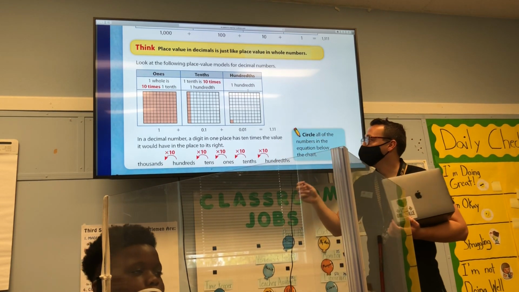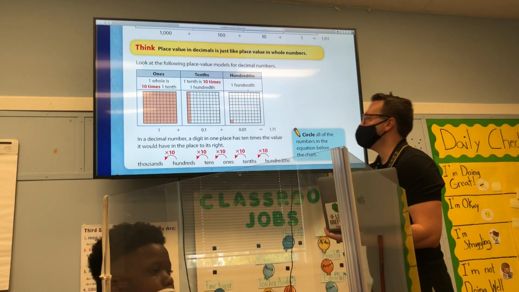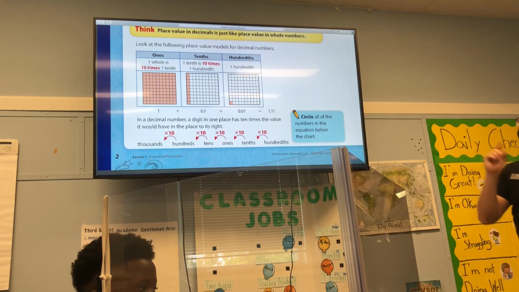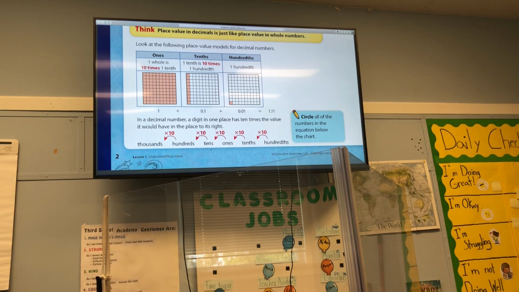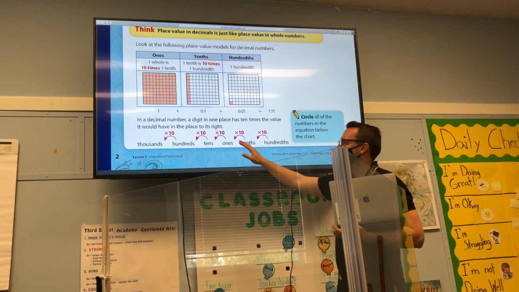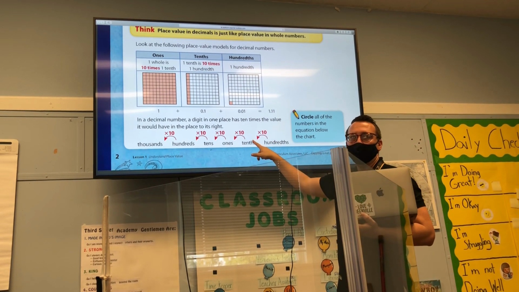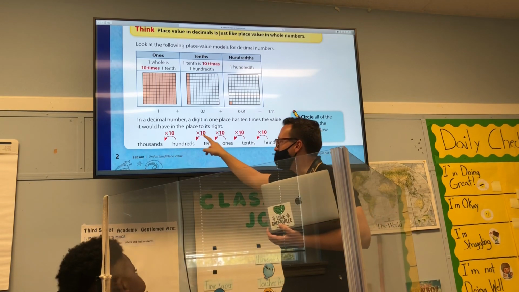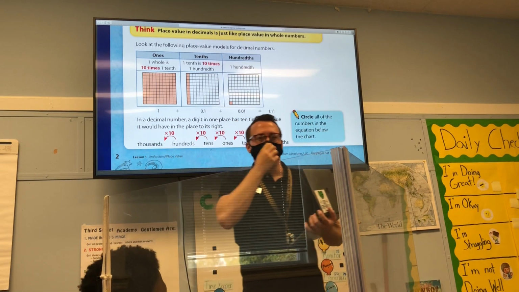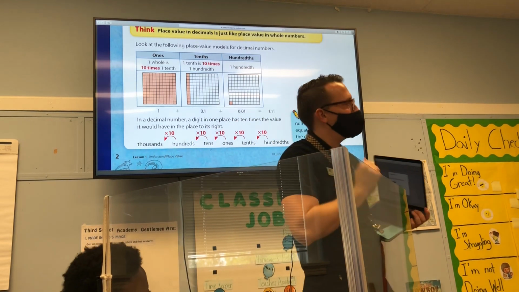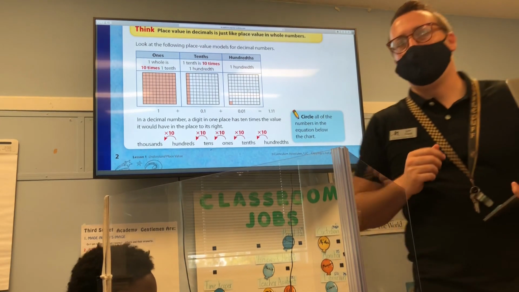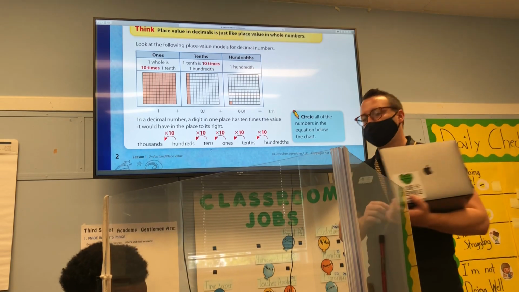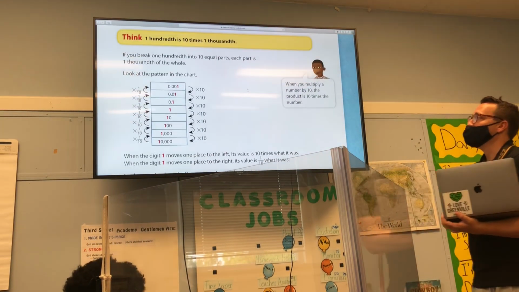In a decimal number, a digit in one place has 10 times the value it would have in the place to its right. So every time you step up, times 10, times 10, times 10. Times what, everybody? 10. Times what, everybody? 10. Times 10.